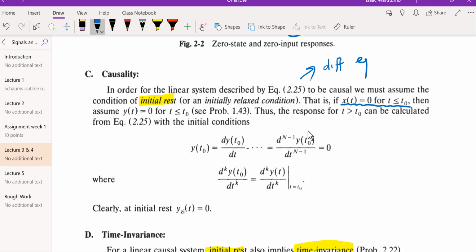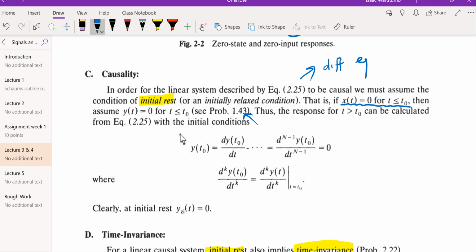And at that time y of t will still be 0 for time less than the point where we start observing our system, which is at t naught. And we are going to see that again in problem 1.43. Thus, the response y of t for t bigger than t naught can be calculated from equation 2.25 with the initial conditions that we are setting here.